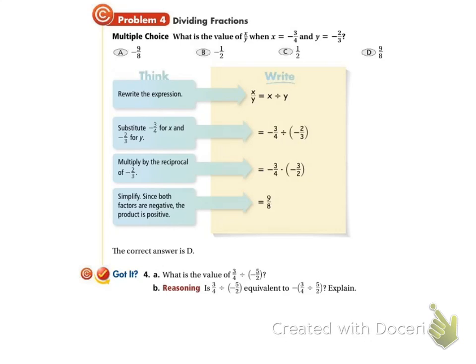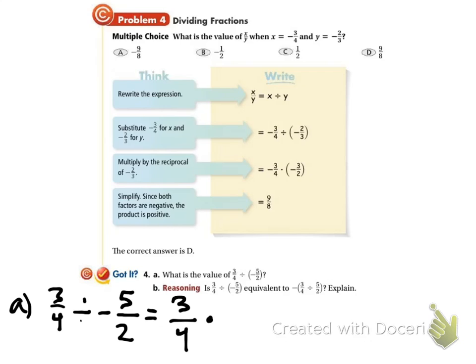Okay, so let's practice. So for a, I have 3/4 divided by negative 5/2. This is the same thing. My first fraction stays the same, and then I change it to multiplying, and then I flip my other fraction. So it's still negative, and this becomes 2/5.